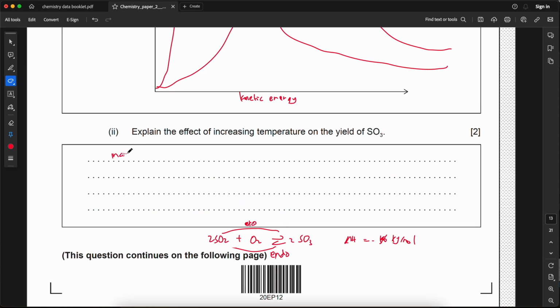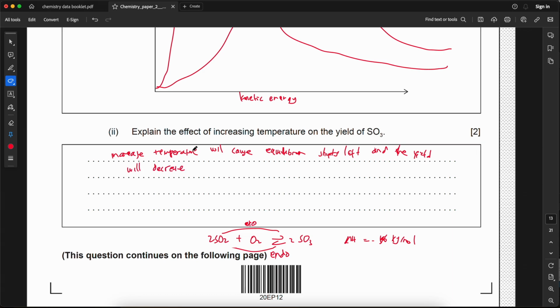So increasing temperature will cause the equilibrium to shift left and the yield will decrease.